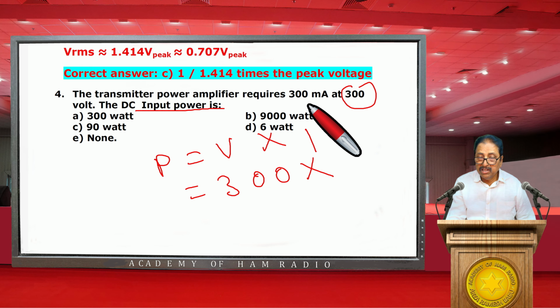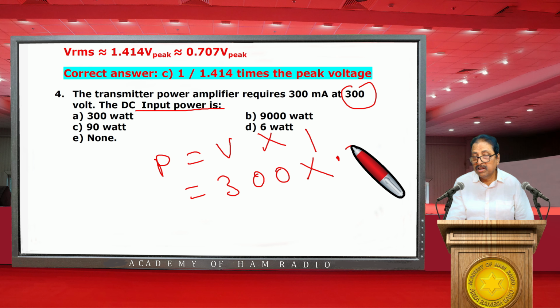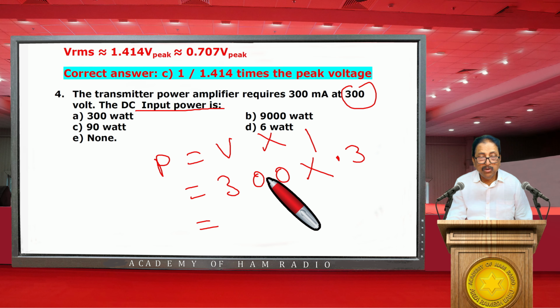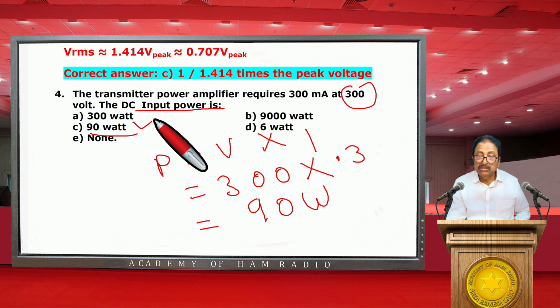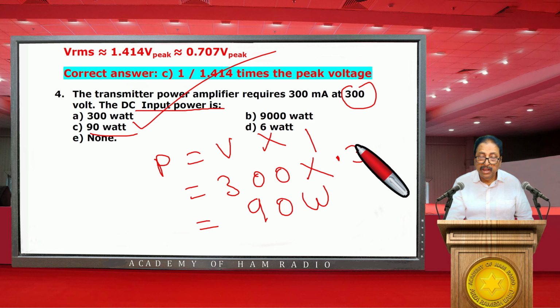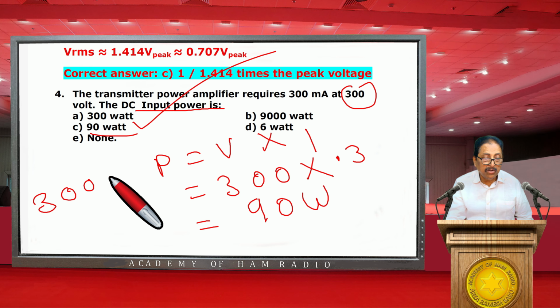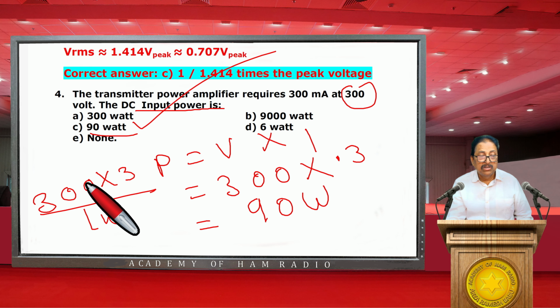We convert this into amperes, that is 0.3 ampere. 300 into 0.3 is 90 watts. So the answer is 90 watts. You can also write 300 into 3 by 10, so we get 30 into 3, 90.